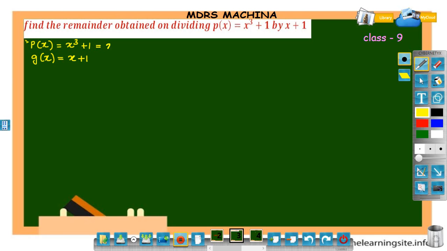So term with power 3 is x cube, then term with power 2 is not there, so let it write as 0 x square, then term with power 1 not there, let it write as 0x, then constant term, that is 1. Now g of x, it is already in the standard form. Highest power of the variable is 1.